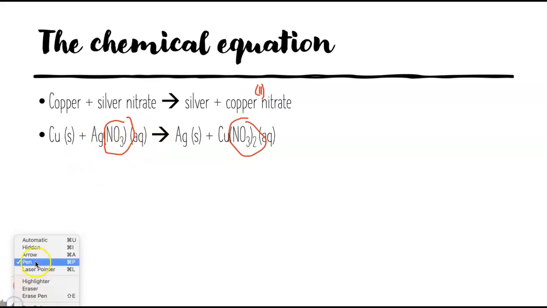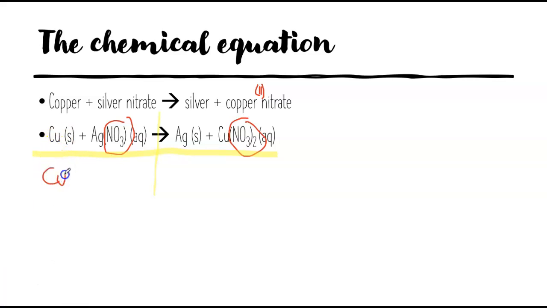The way that we would balance that equation is we'd have to look to see how many of each item we have here. And as we're doing that, we would say, okay, so how many coppers do we have on the left? 1. How many coppers do we have on the right side? 1. How many silvers do we have on the left? Right here, just 1.